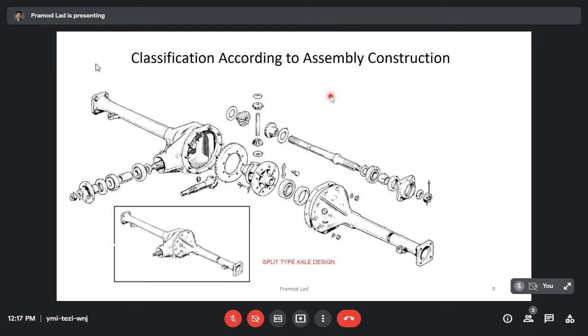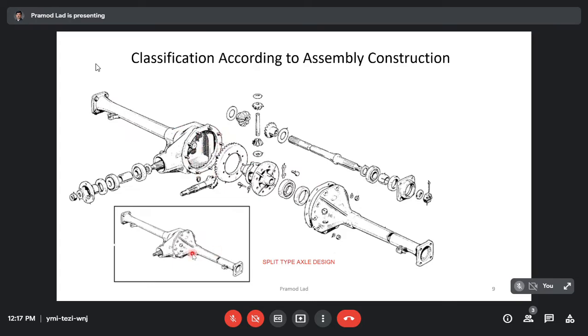So the next classification category is according to assembly construction. According to assembly construction, there is a split type axle design. In this design, the axle is split into two pieces along its length, roughly at the center.